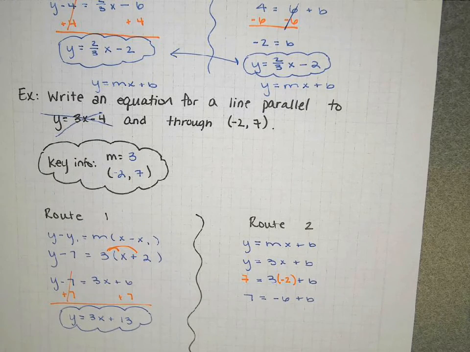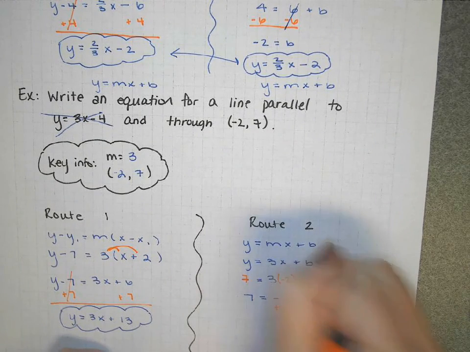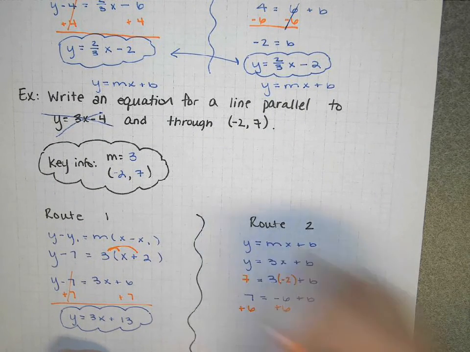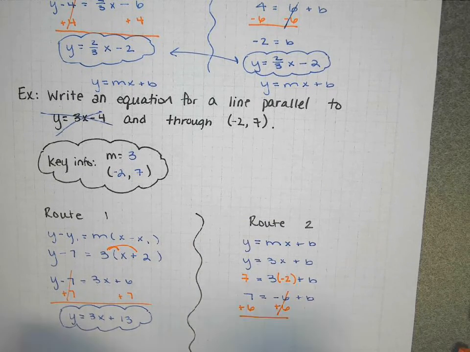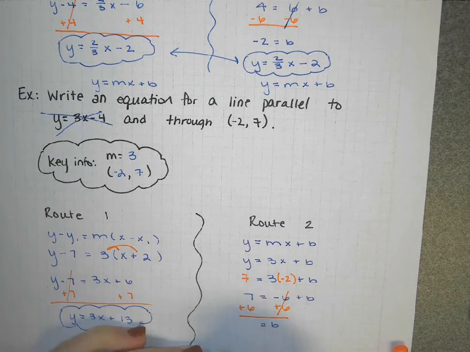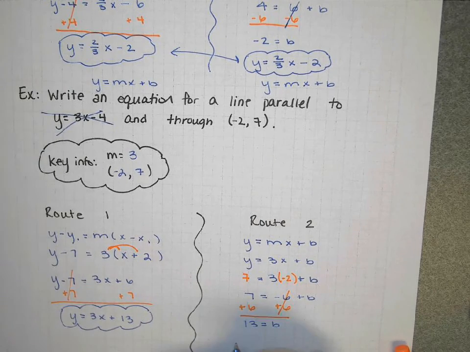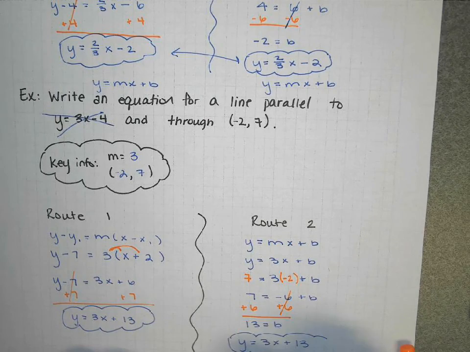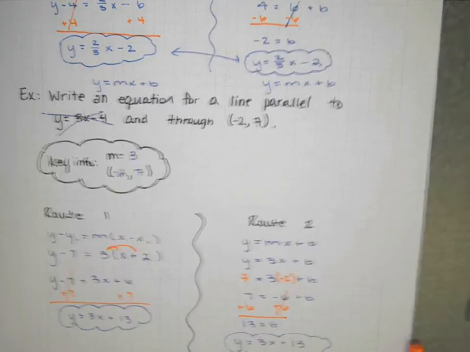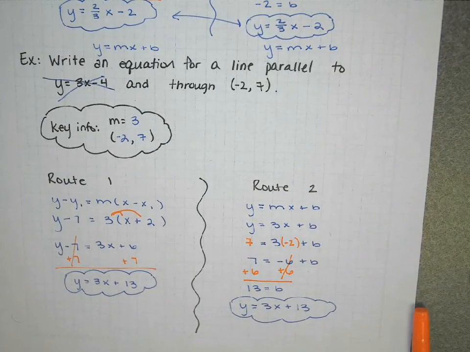So to get b alone, we're going to have to add 6 on both sides. B is then alone on the right. 7 and 6 is 13. Well, we already had y equals 3x plus b, but now we know b is 13, so we get y equals 3x plus 13. That's how we write equations for parallel lines.